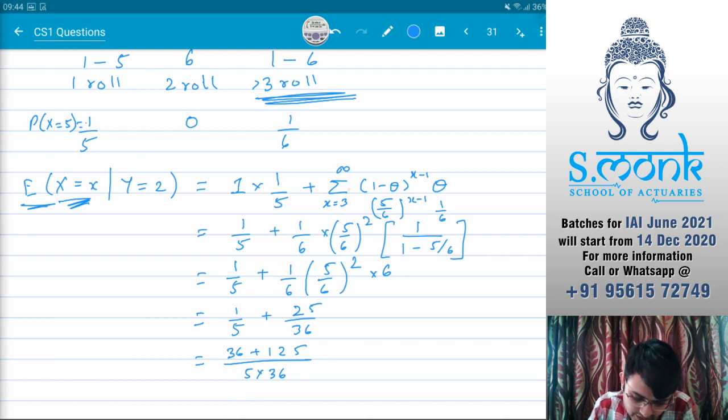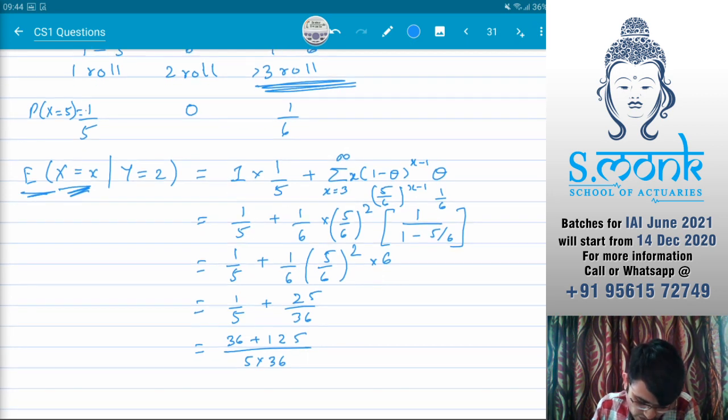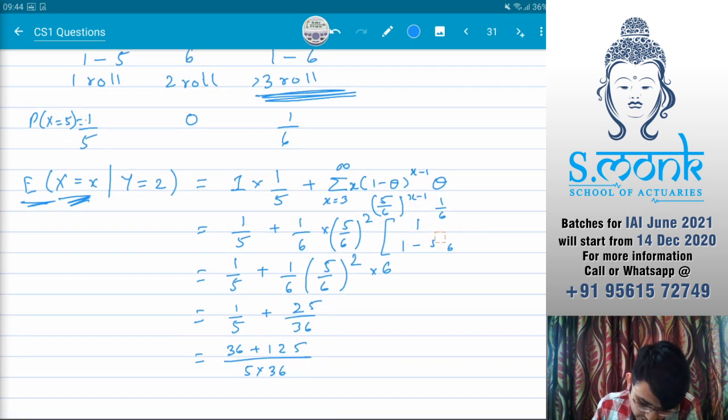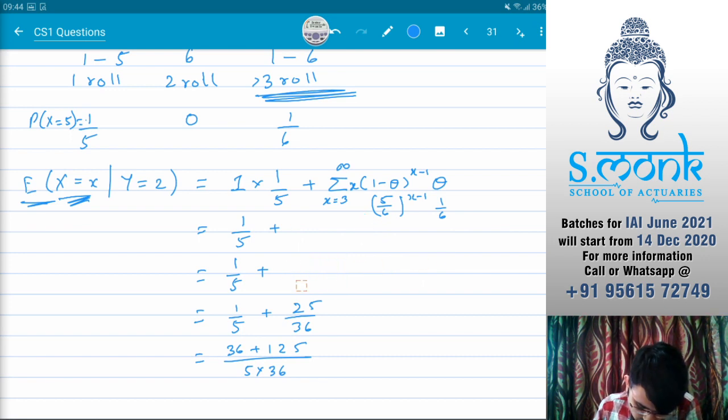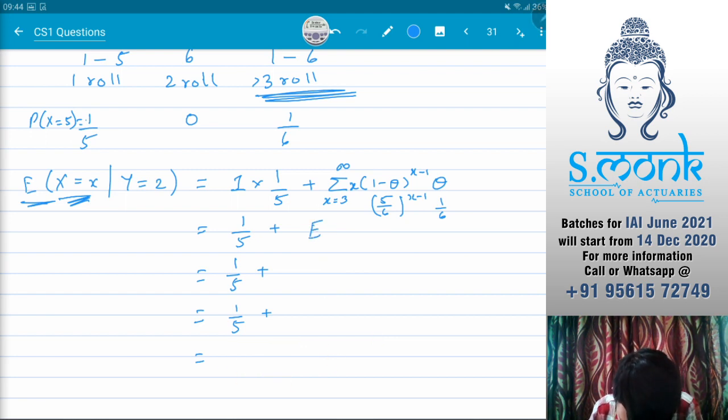Okay, I forgot to write x here, x into this, right? It's not going to be a geometric progression, it's going to be an AGP. Or instead of that, rather than using AGP, you can actually write this as the expected value of x, that is our geometric distribution, given x is greater than 2.